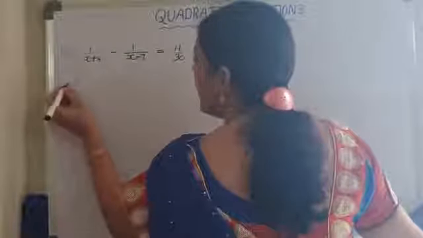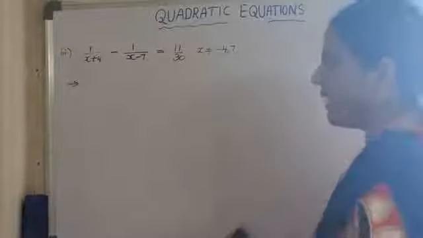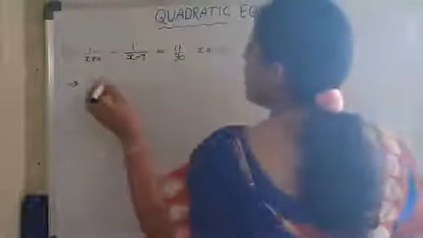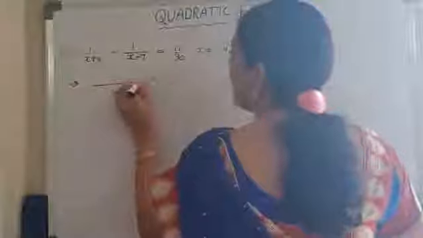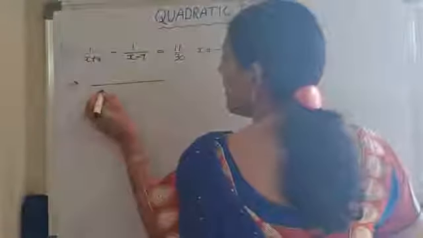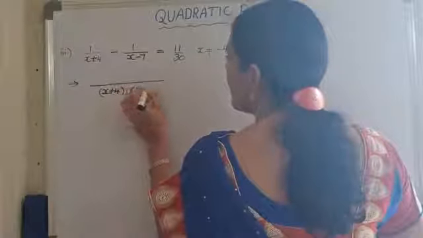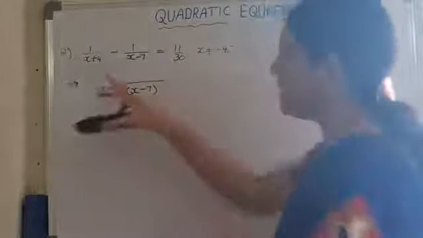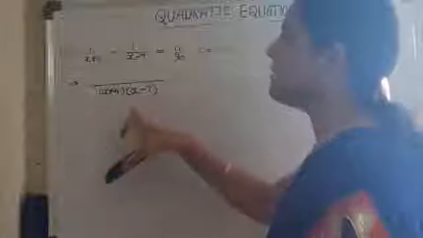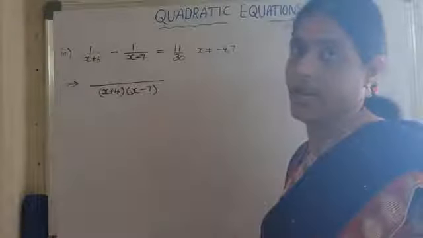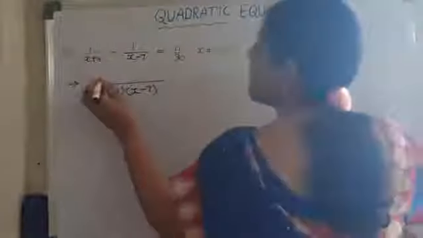How to convert the given equation into a quadratic equation? See this, 1/(x plus 4) minus 1/(x minus 7) is equal to 11/30. Take the LCM. What is the LCM here? (x plus 4) into (x minus 7) is the LCM. See this x plus 4 in this, how many times will it go? (x minus 7) times, 1 into (x minus 7).